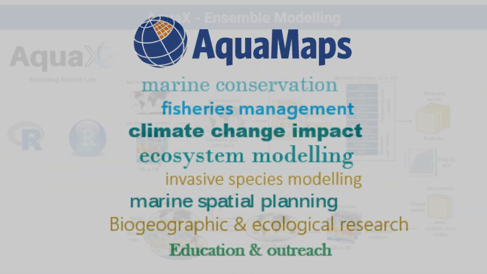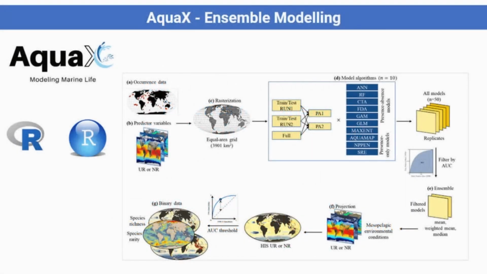In 2022, AquaMaps began working on AquaX, a new species distribution ensemble modeling workflow that builds on AquaMaps and uses the most recent ecological biogeographical divisions, geostatistics, and environmental variables to predict current and future global distribution of marine species at higher spatial resolutions.